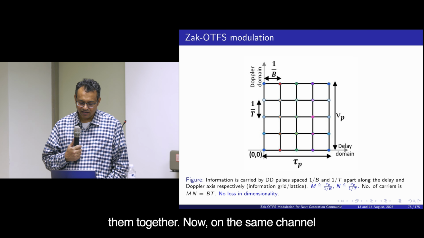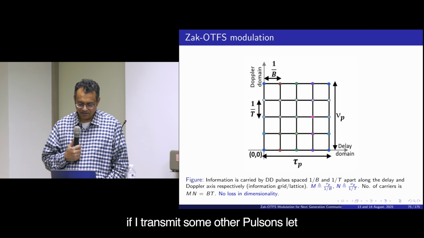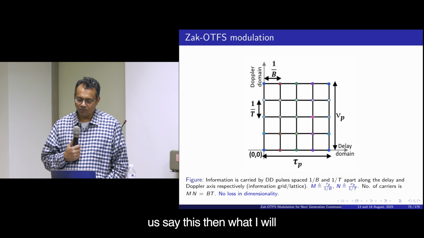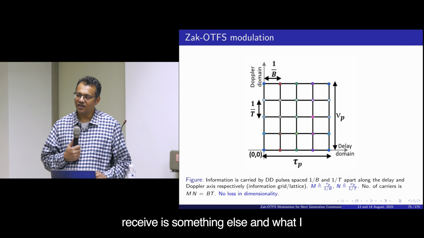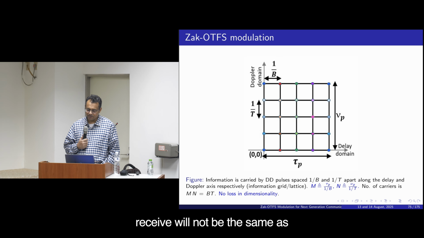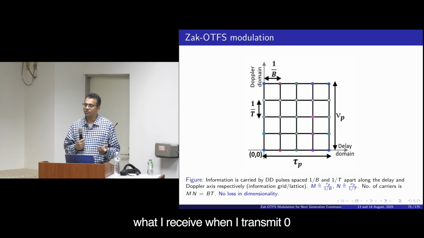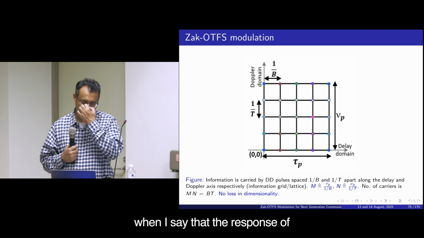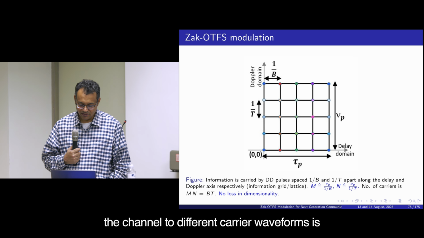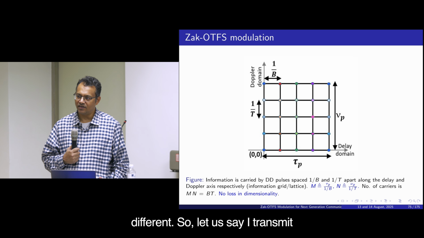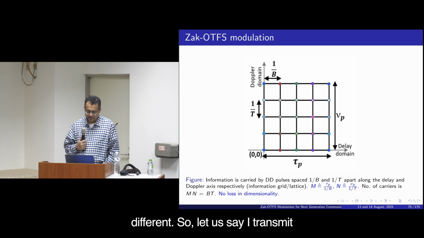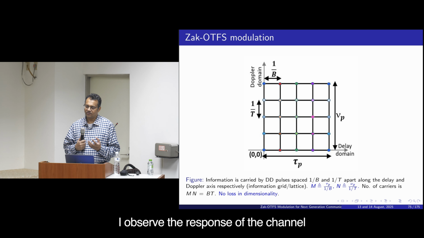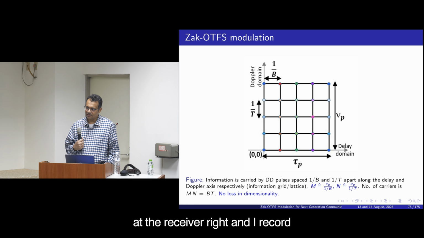Now, on the same channel, if I transmit some other pulson, let us say this, then what I will receive is something else, and it will not be the same as what I receive when I transmit 0 0. So, that is what I mean when I say that the response of the channel to different carrier waveforms is different. So, let us say I transmit this standard pulse train 0 0, and I observe the response of the channel at the receiver, right?